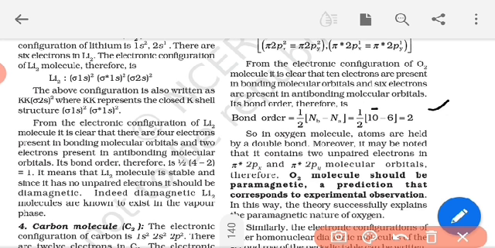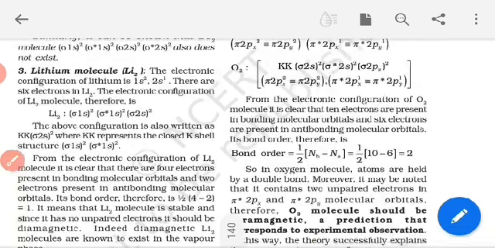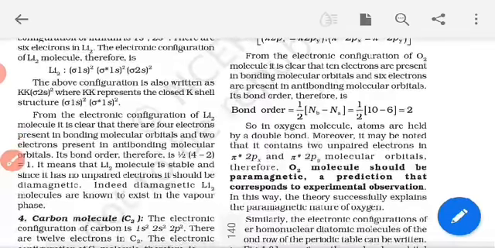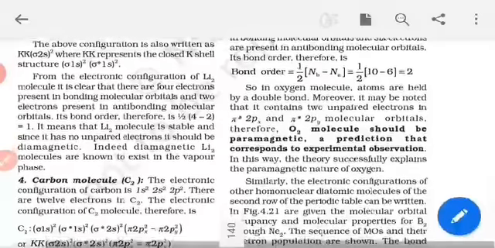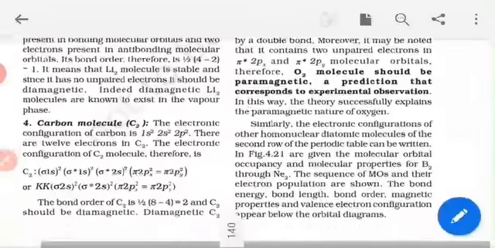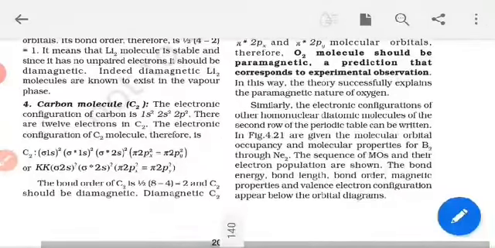So the oxygen molecule has 2 oxygen atoms bonded via a double bond. Now this oxygen molecule has 2 unpaired electrons. Look here, pi star 2px1 and pi star 2py1. So 2 electrons are unpaired. So according to MOT, the oxygen molecule is paramagnetic, and actually the oxygen molecule is paramagnetic in nature.